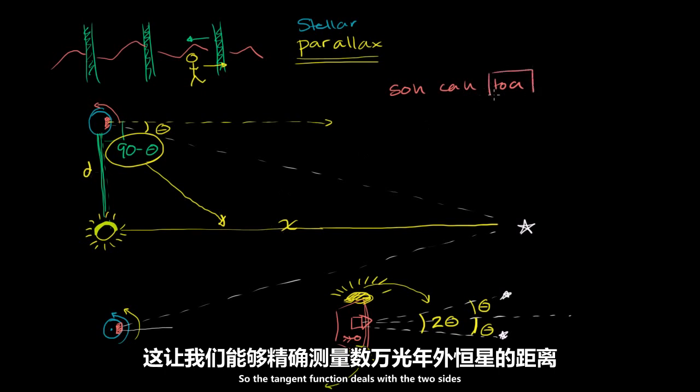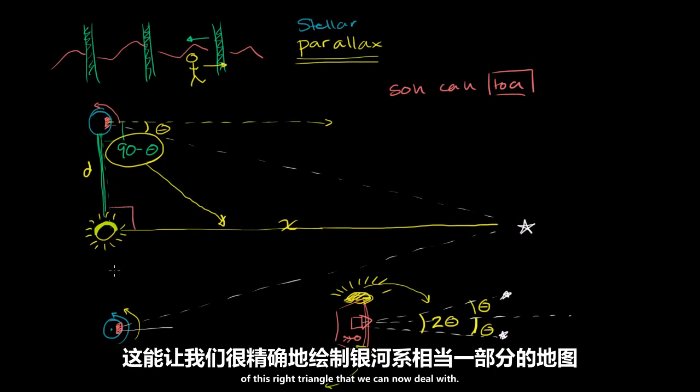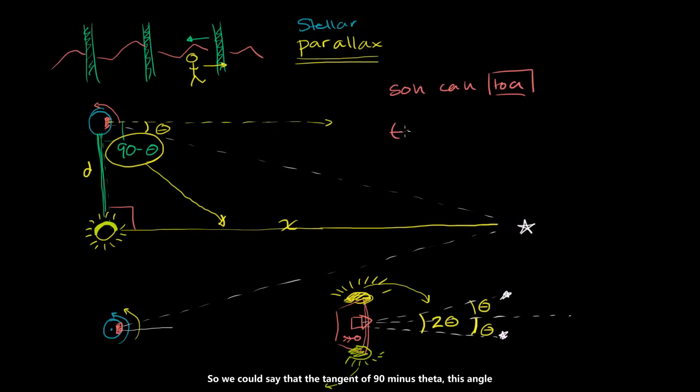So the tangent function deals with the two sides of this right triangle that we can now work with. So we could say that the tangent of 90 minus theta, that angle right over there, is equal to the opposite side, x, over the adjacent side, d.